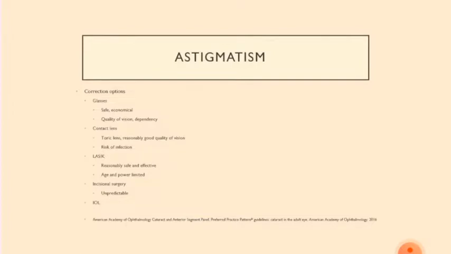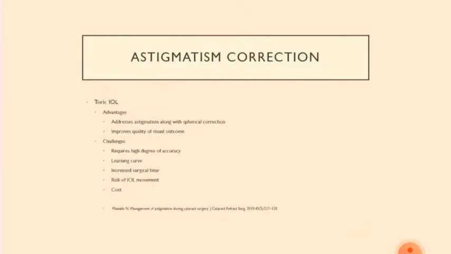When we're doing cataract surgery, that's an opportunity to get rid of the toricity on a long-term basis. It addresses astigmatism during the cataract surgery, but it has its own challenges. I believe the two very important challenges are that it has a steep learning curve and it's expensive.